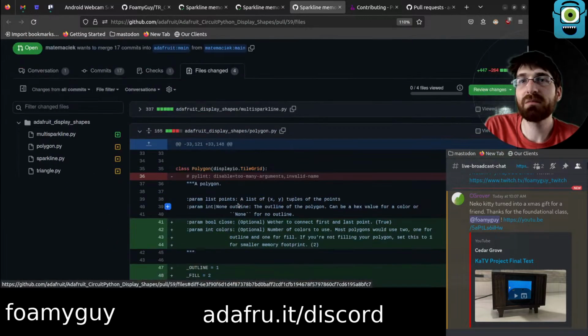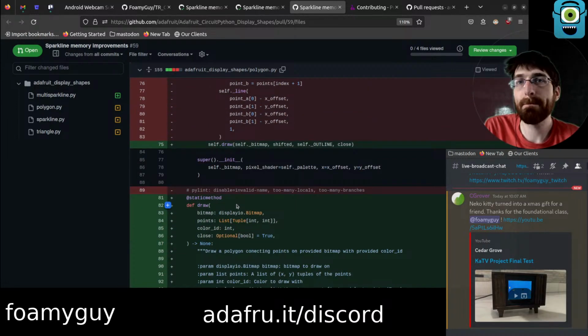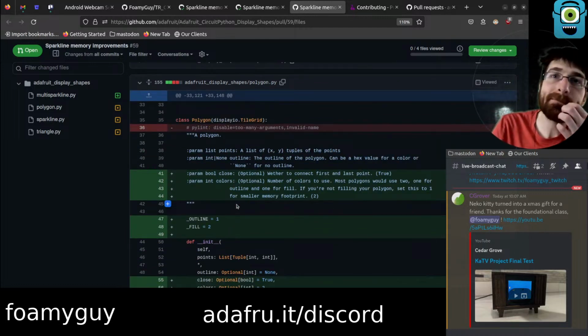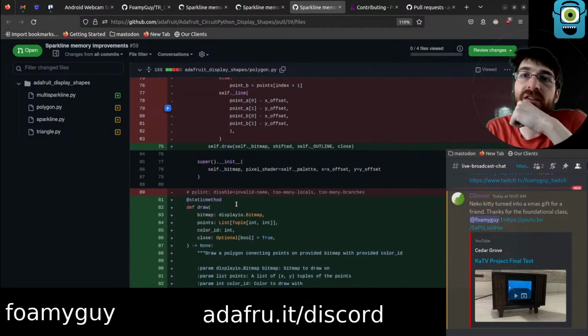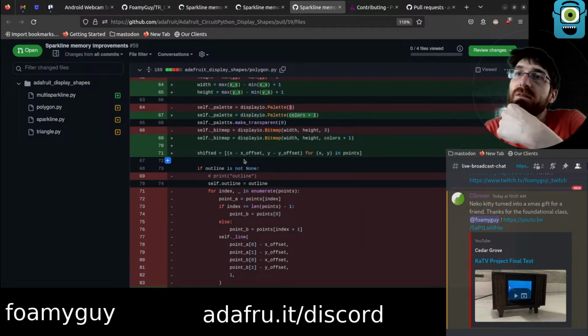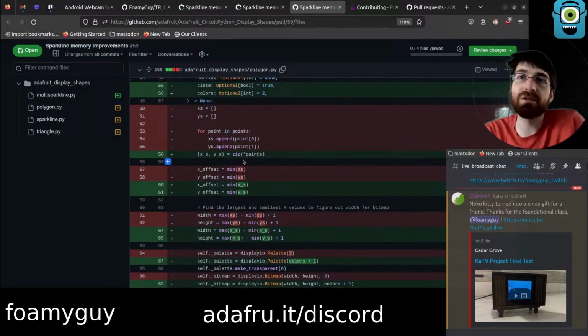What do we extend? We extend tile grid. I almost think this should just be an instance method, right? Like we were always gonna call it with this. It's not really intended to ever be used on a different bitmap.